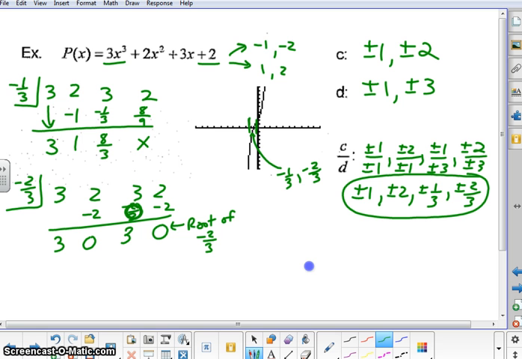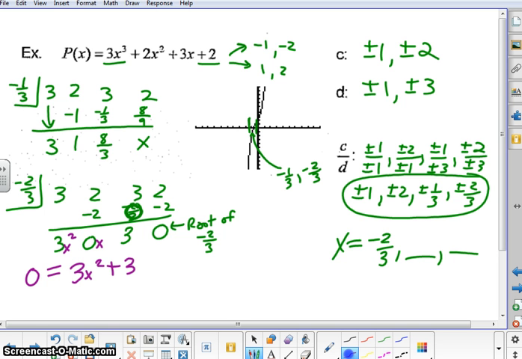So we're supposed to have 3. Our roots are -2/3, and we're going to have 2 more. Now we can find the other 2 by using the leftovers. Right here, this is x squared, and this is an x, and this is nothing: 3x squared plus 3 is going to factor.